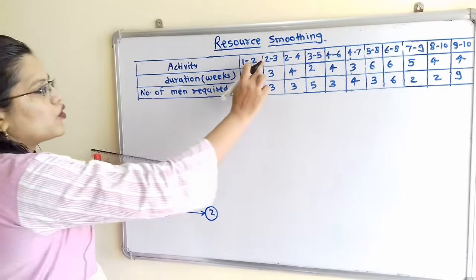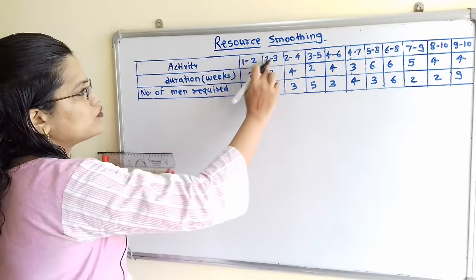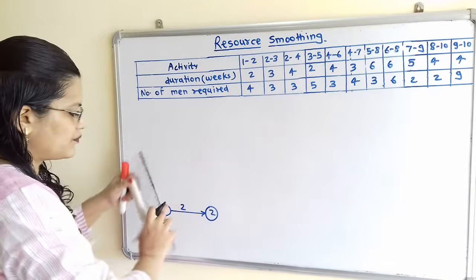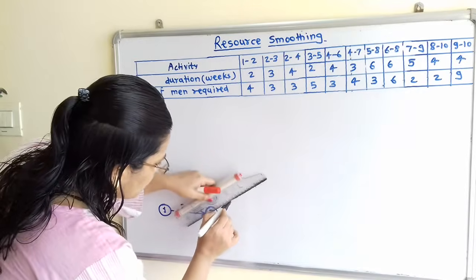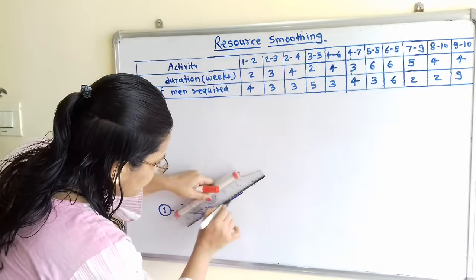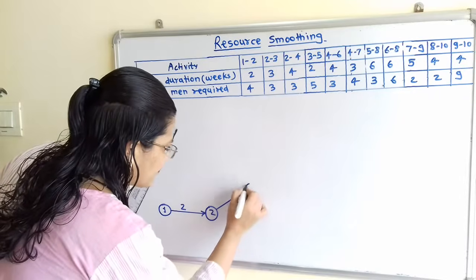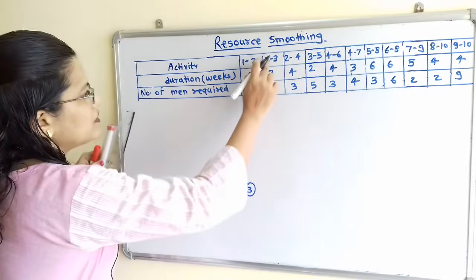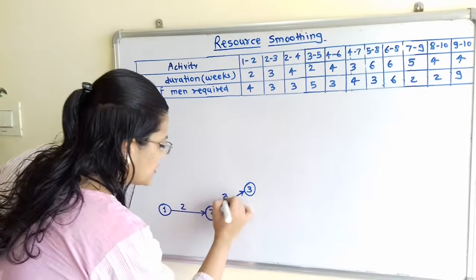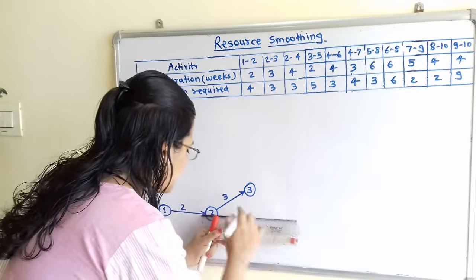Now from the node 2 there are two activities, 2 to 3 and 2 to 4. So I will show here 2 to 3, and for this 2 to 3, 3 weeks duration is there, and then the next one is 2 to 4.